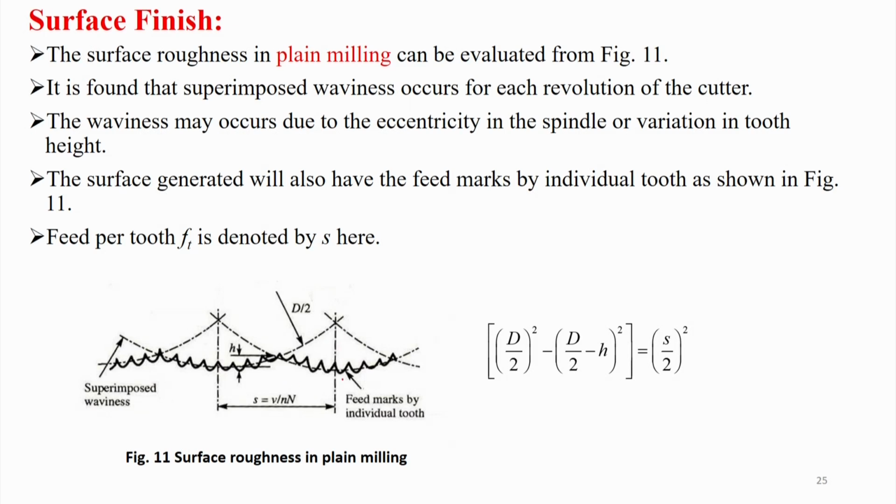This distance is S equal to V by Nn, where S is the feed per unit tooth, which we wrote as Ft earlier.